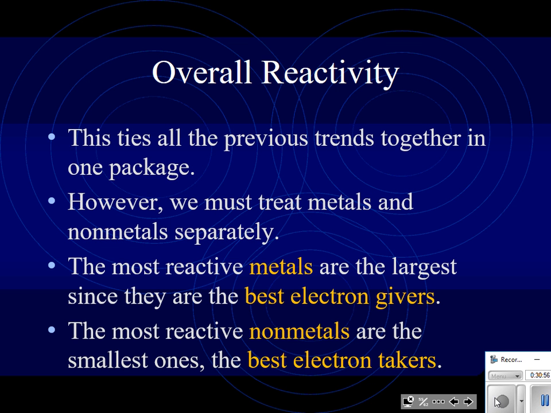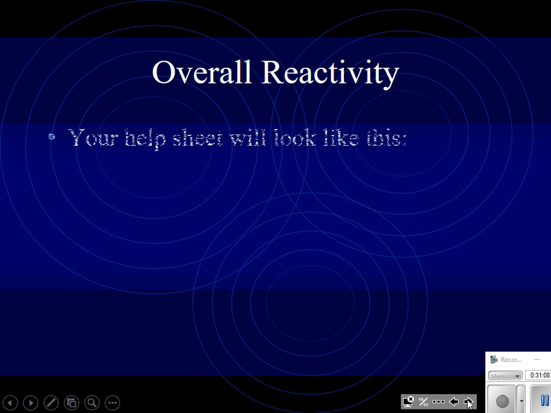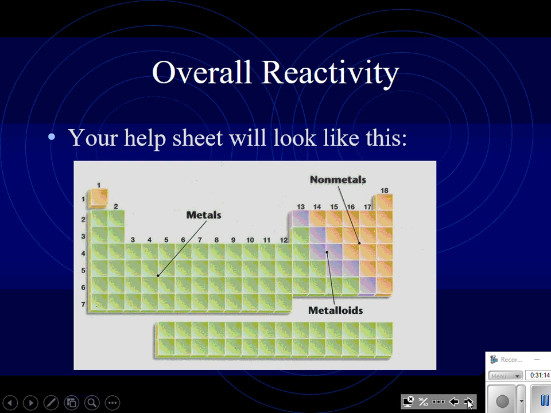In general, the most reactive nonmetals are the smaller ones because they are the best electron takers. So on a help sheet with a generalization of overall reactivity, I create them a little separate.